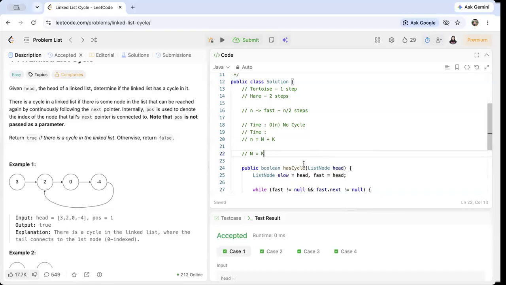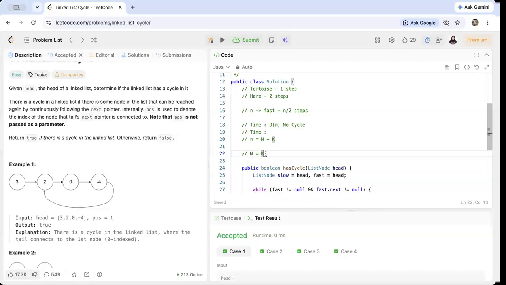Every time my slow pointer moves one step, my fast pointer moves two steps, so per iteration it's moving one step extra. The maximum distance between them can be k. Since there are k nodes, in order for them to meet, fast and slow will at max meet in k time.